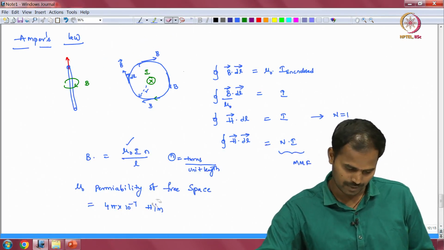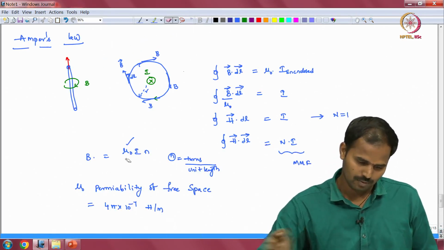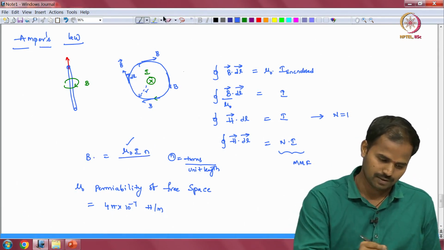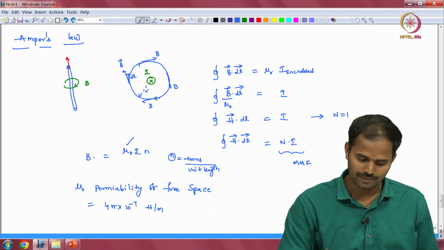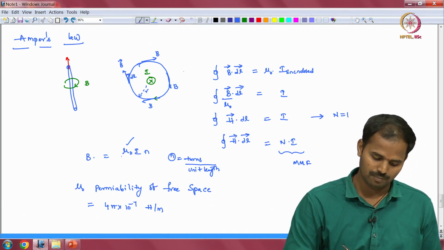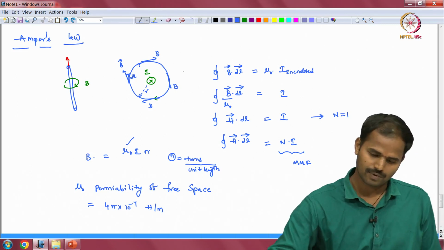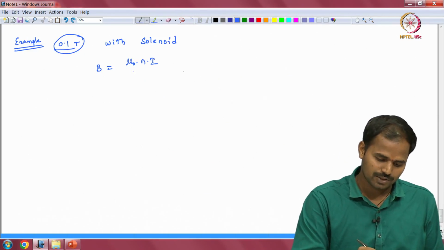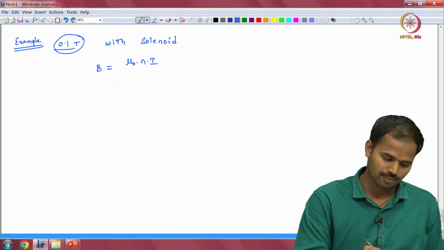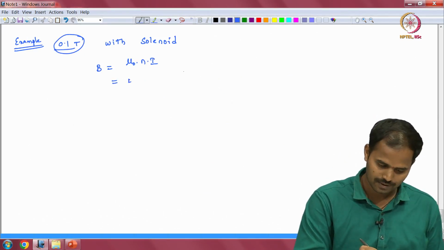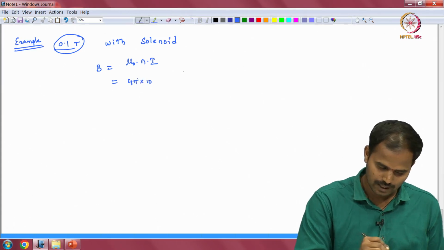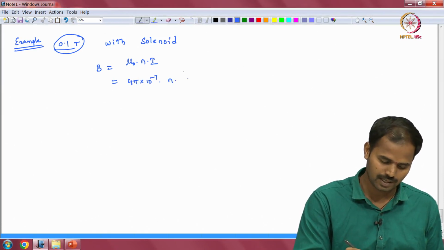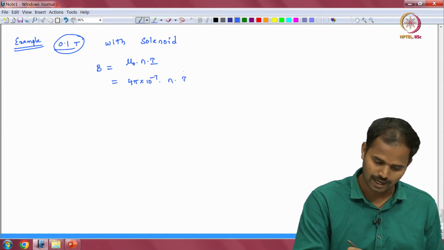Already we have considered n as number of turns per unit length, so B equals mu naught n I directly. So, mu equals 4 pi into 10 power minus 7, into n, the number of turns per unit length, and current.